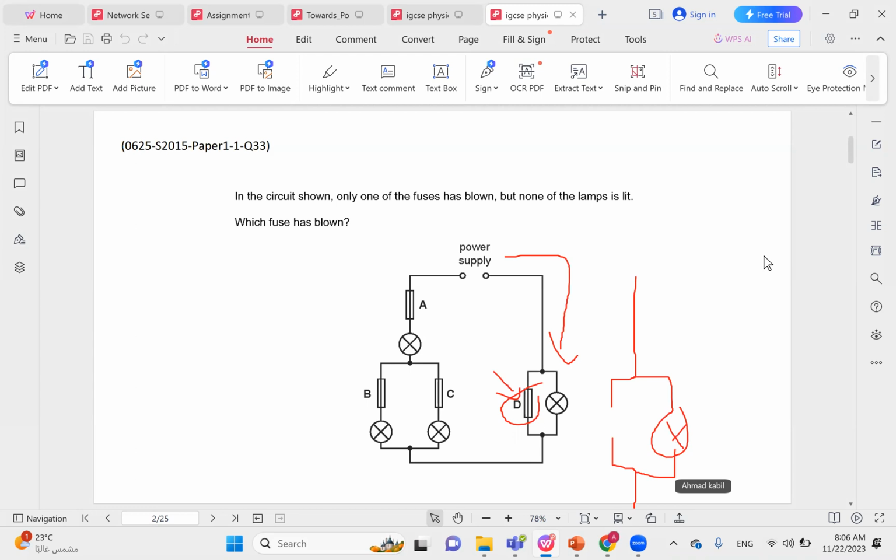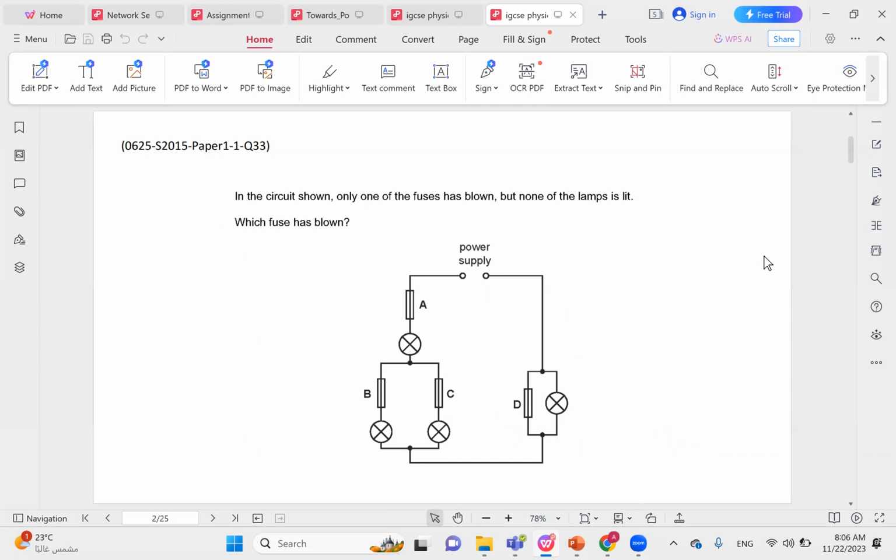So there is no path for the current to move here. However, there is a path for the current to move on the right. So what will happen is the current will continue to flow normally on the right branch, and it will move normally all the way back. So actually, all the lamps will light up if I remove D. So D is definitely not the correct answer.